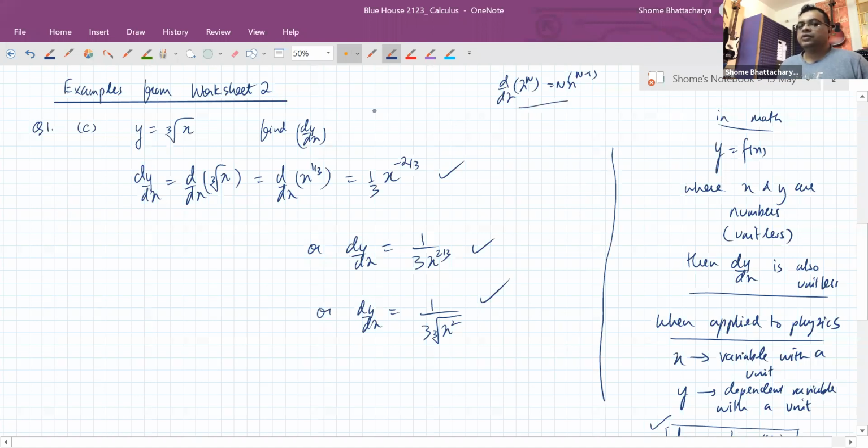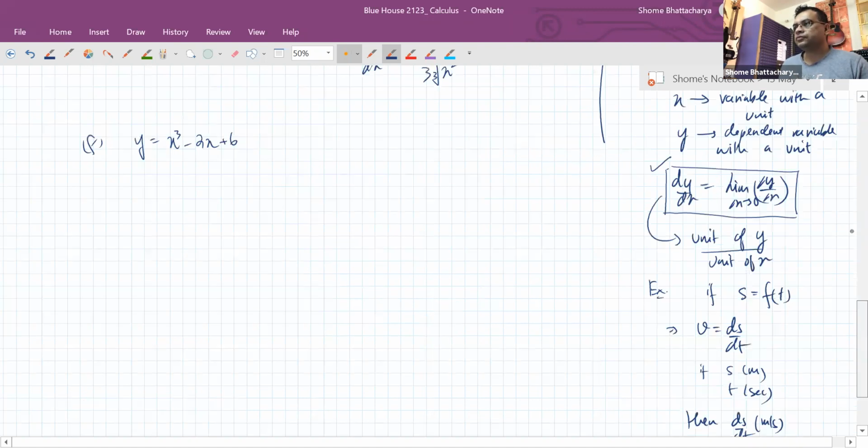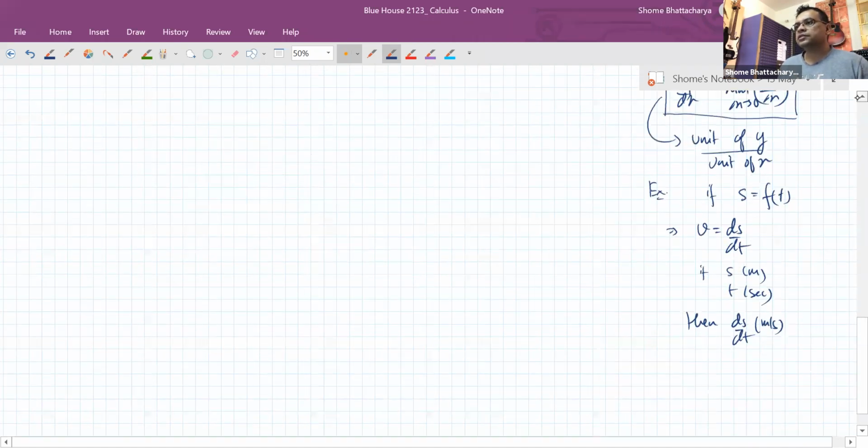Okay. Now next, let's look at an example with the application of the properties also. Okay. So let's look at part F of question 1. So y is equal to x cube minus 2x plus 6. So in this, we will use a combination of the properties that we had discussed.